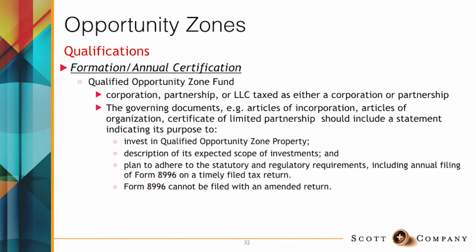It doesn't tie you down, but you say, okay, I'm expecting to invest in real estate, or I'm expecting to invest in something else. Then a plan to adhere to the statutory and regulatory requirements, including your annual filing of the 8996 tax form and then actually filing the form. And you cannot file it with an amended return, so you've got to make sure you do this up front with an original return.